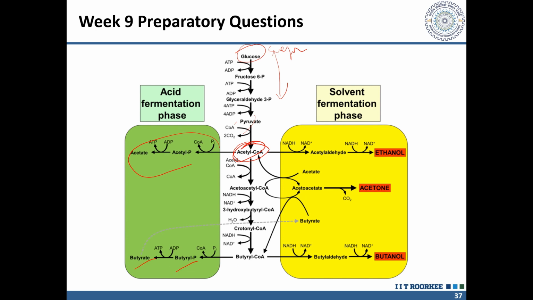So the enzymes convert the glucose to acids, and then these are converted to solvents. Mostly enzymes are used for these processes.